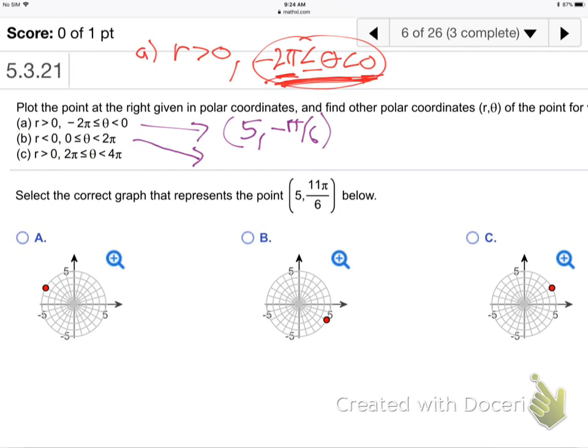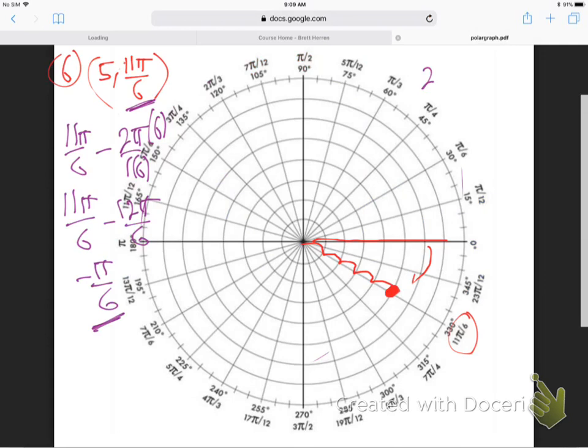Notice, they want the r negative. So how do we say this same location right here with a negative angle? No, I'm sorry, not negative angle. Negative r, a backfire.